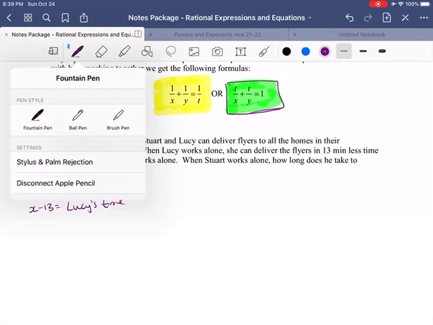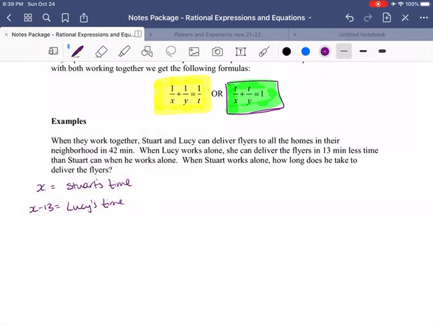So 42 minutes over Stuart's time, x, plus 42 minutes divided by Lucy's time, x minus 13, is going to equal one job. Stuart's effort plus Lucy's effort, they both finish one job.